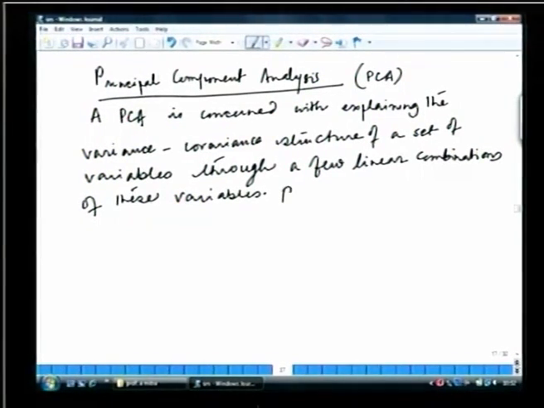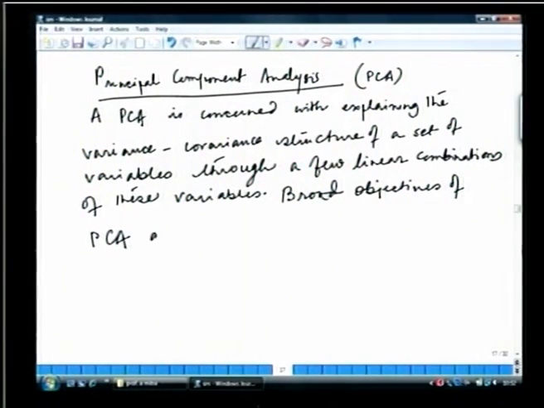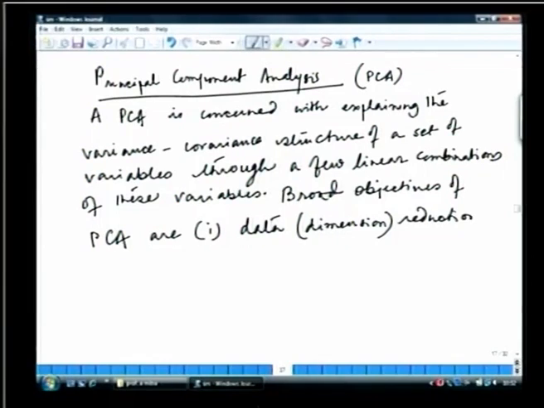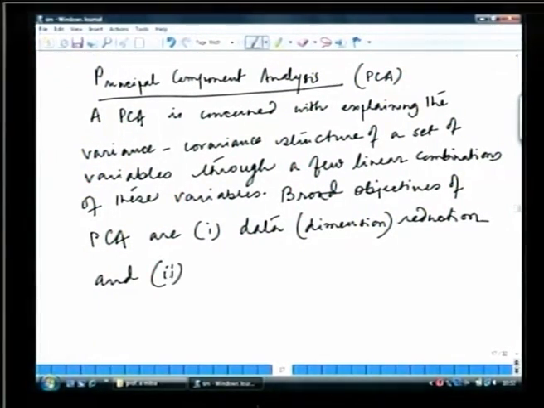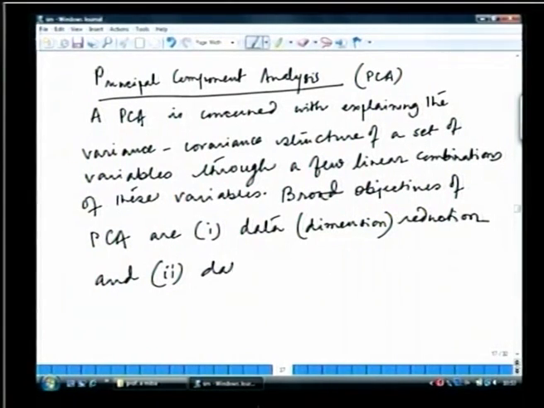Why do we do a principal component analysis? So, the broad objectives of PCA are, the first one is data reduction, rather we should say data dimension reduction, and the second one being data interpretation.